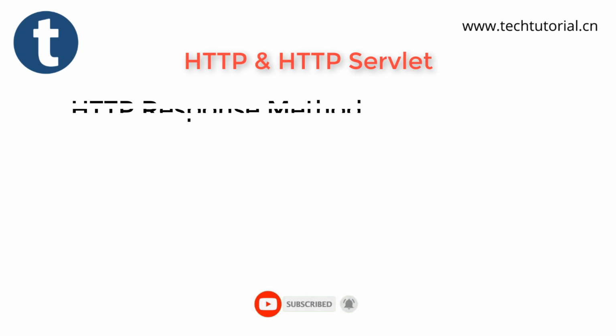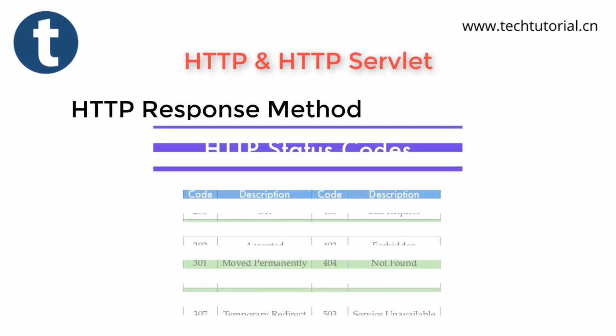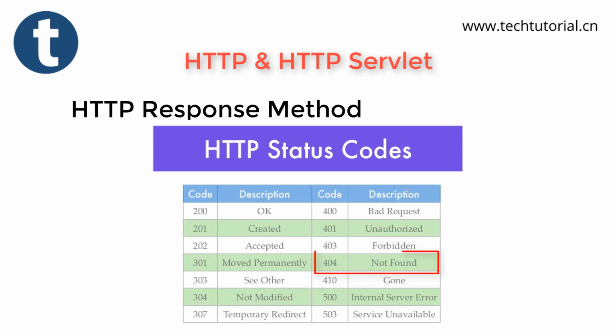And the response codes. Maybe you know that the most popular response code is 404. What does it mean? 404 means not found. 403 means forbidden. 200 means okay, and 400 is bad request. There are many status codes that have different meanings.